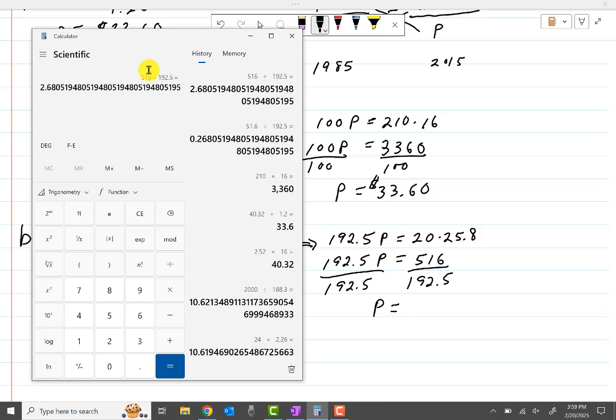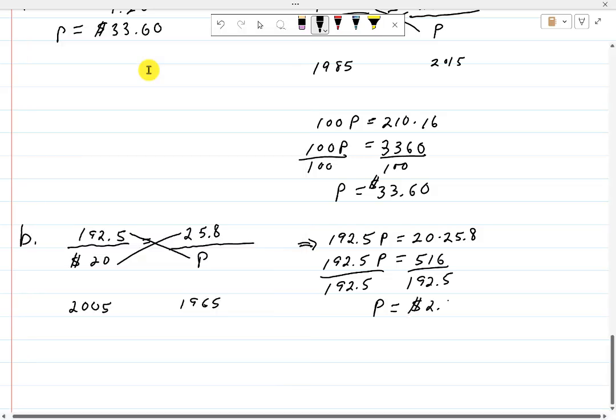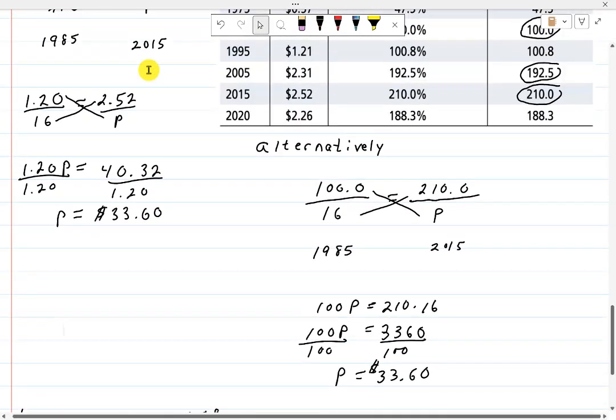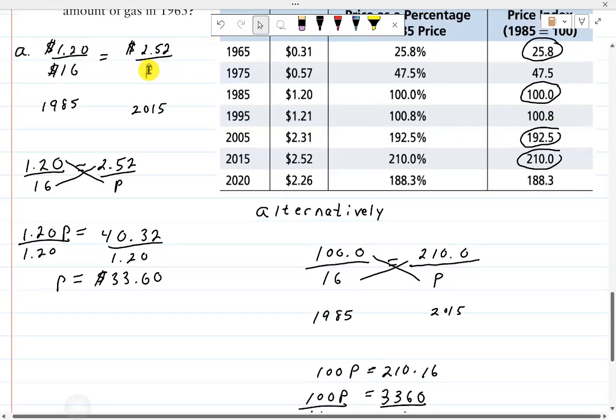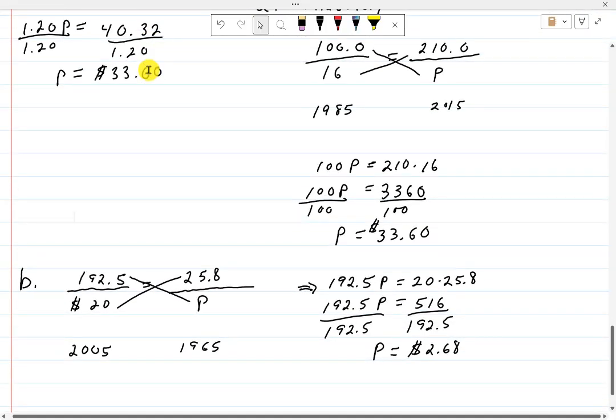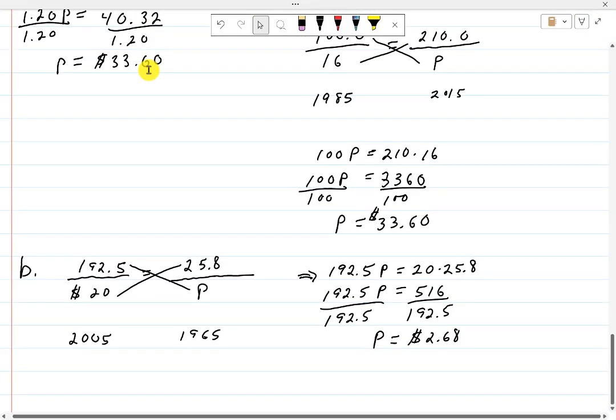And I'll round to 2 decimal places because it is dollars and cents. I get $2.68. You may want to retry doing this problem, instead using the price per gallons in place of the index numbers, and you should get a similar answer.